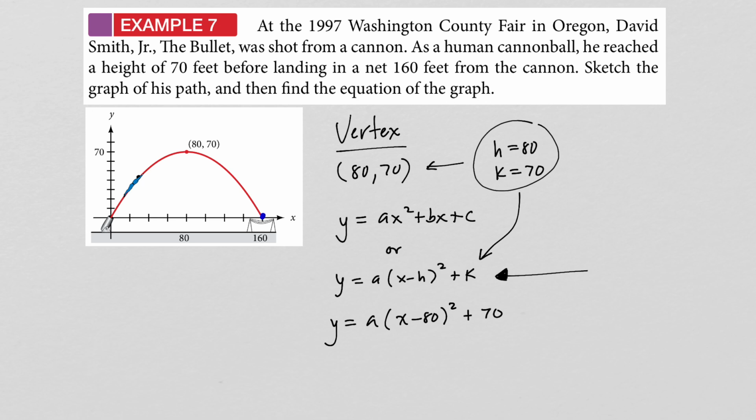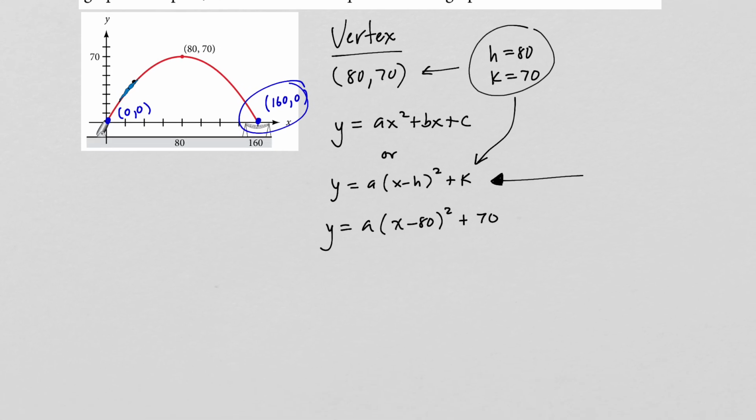There's two other points that we know. We know this point right here has an x-coordinate of 160 and a y-coordinate of 0. And we know that this point right here has an x-coordinate of 0 and a y-coordinate of 0. You can actually plug in either one of these points. I will plug in the (160, 0) point. Okay, so the point (160, 0) means x equals 160 when y equals 0. And I'm going to plug this in.